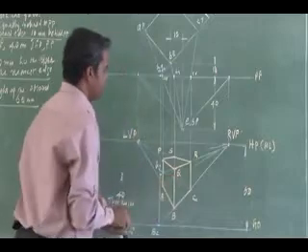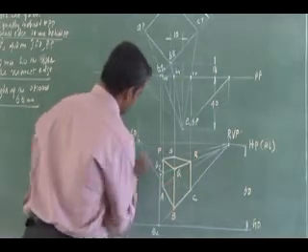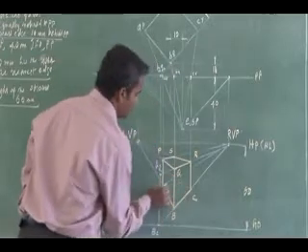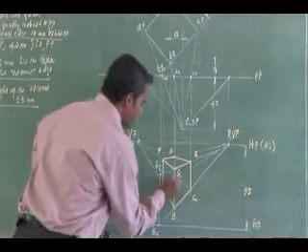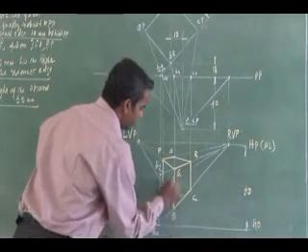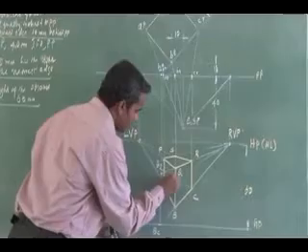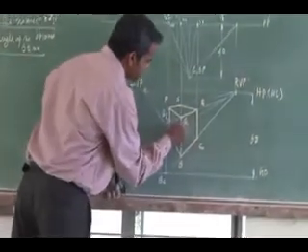So I will have my D. That is going to be my ABCD. So I can join ABCD. These are hidden edges.